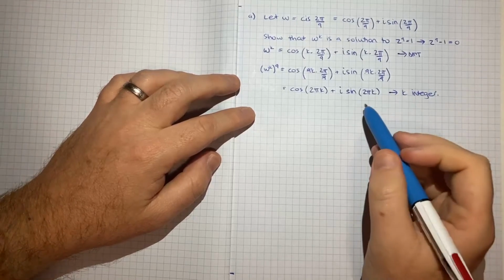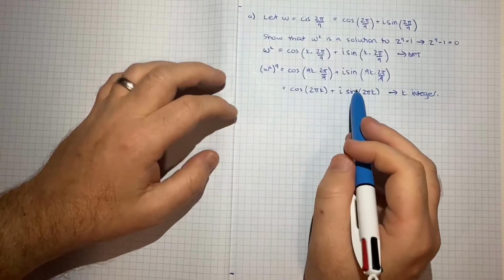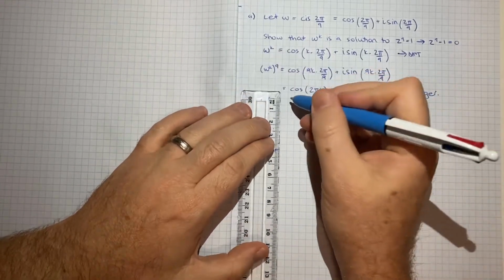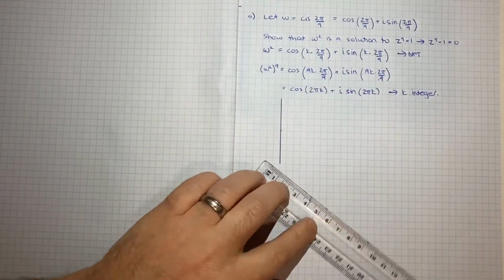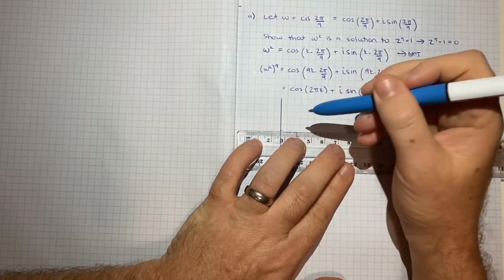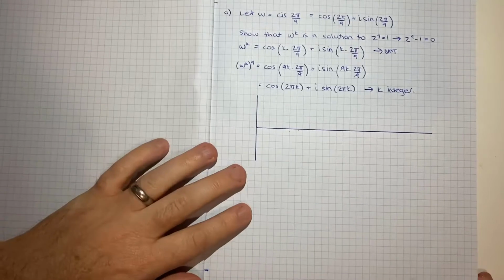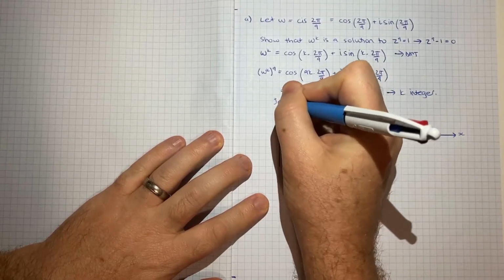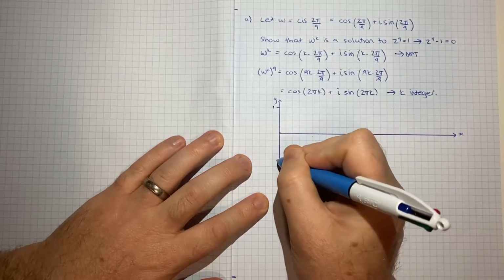Now it can be helpful at this point to remind ourselves of what the cos and sine charts look like. So I might just draw up an axis here. I'll make this particularly long just to demonstrate the point that I'm trying to show. I'll call this x and y. We'll call this 1, and we'll call this -1.